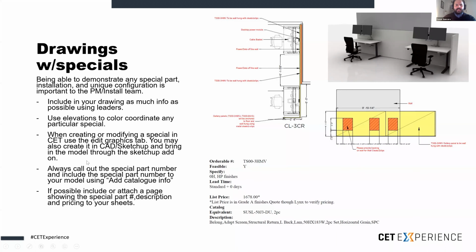Something I touched on with SketchUp, you're able to bring it in and also put in a catalog number. So, for instance, this guy came in as a SketchUp model, and you can right click, and I inserted this part number in there.